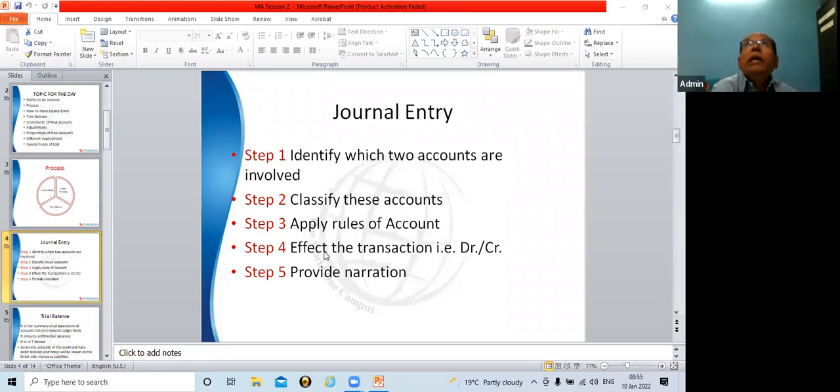Now, before we end today's session, let's have quickly one last transaction. Observe, I will read out the transaction. Table fan worth rupees 1,500 bought in the office, or in simple terms, purchase of table fan worth rupees 1,500.